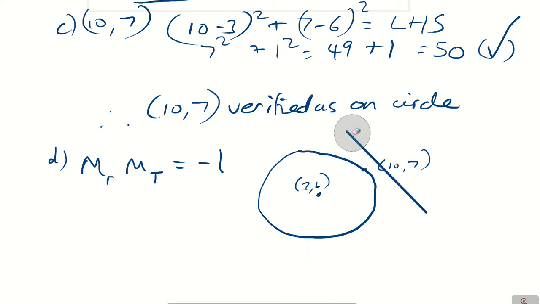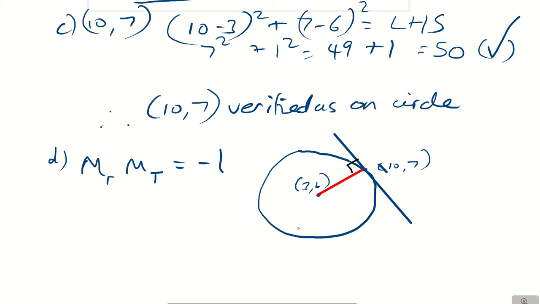Not great, but it's going to look something like that. What you need to realise is that the radius from the centre to the point has got to be at right angles to the tangent.